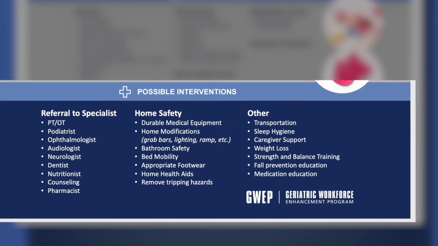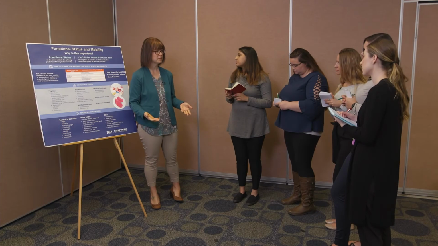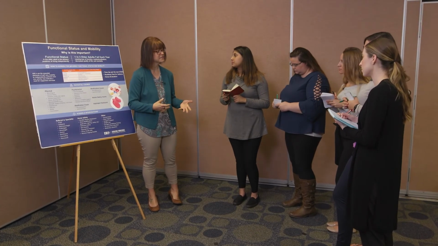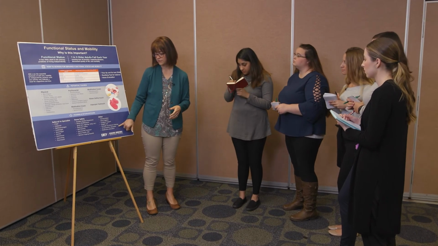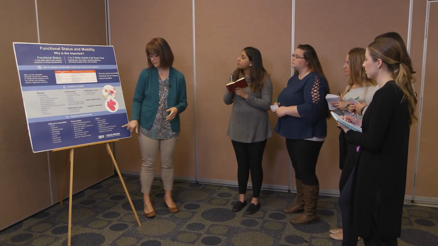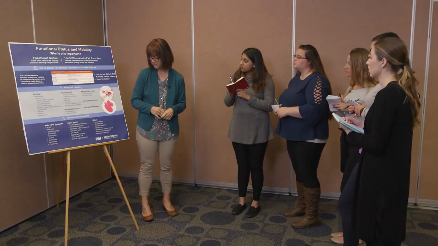Is there other strength and balance training with that physical and occupational therapy that might play a role? There are specific fall prevention education programs offered through community resources often, or at senior centers. That might be a good place for somebody to participate in a fall prevention activity. And then ongoing education about their medications.